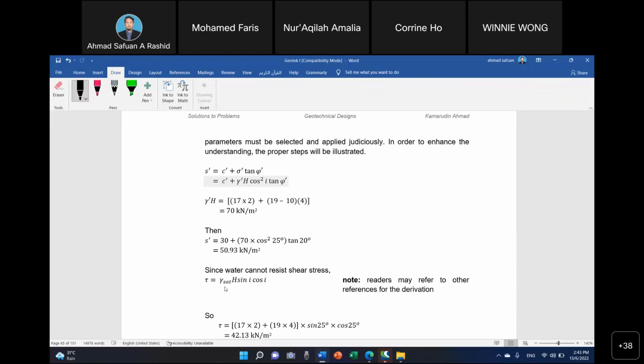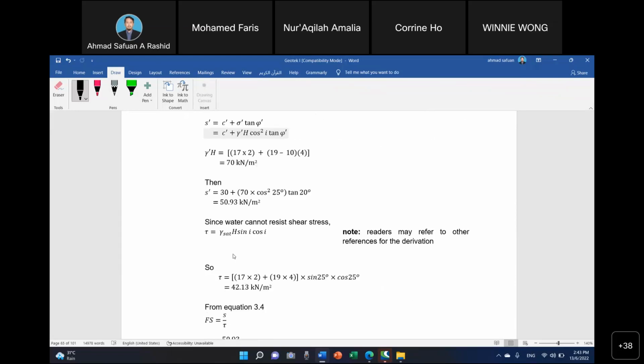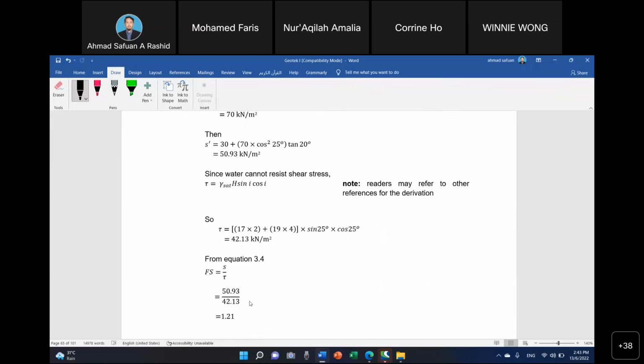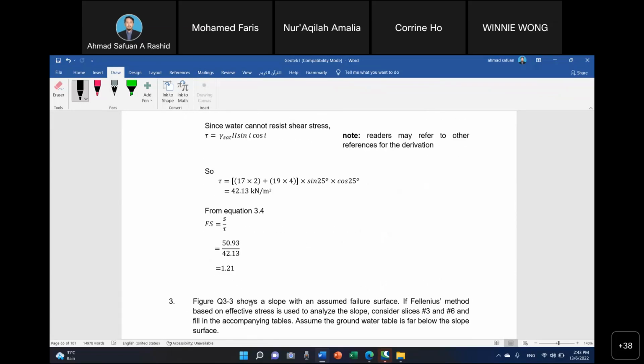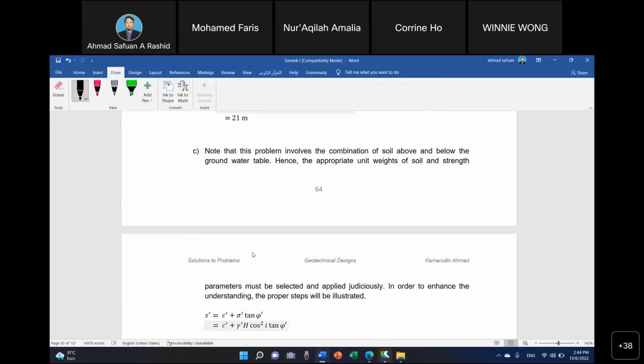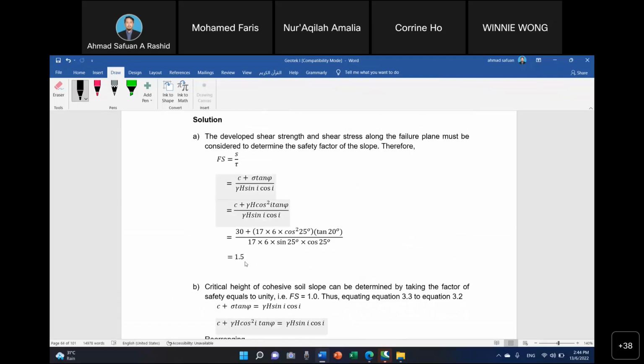Then we do the calculation to get the tau. So we obtain 42.13. So the ratio between 50.93 over 42.13, we obtain 1.21. So when the water is increased, the factor safety has been reduced. The first factor safety, when the water is far, is 1.5.